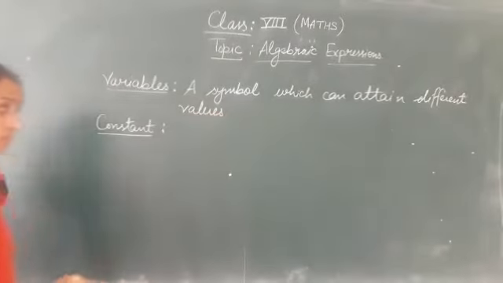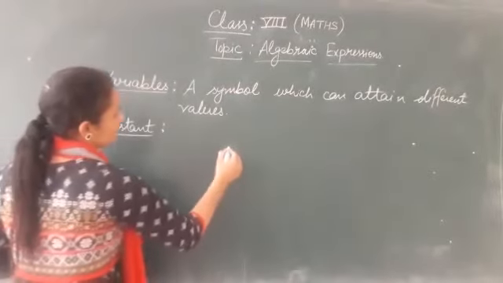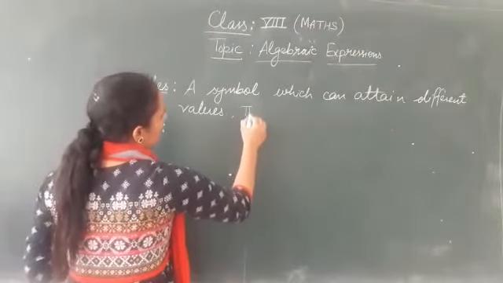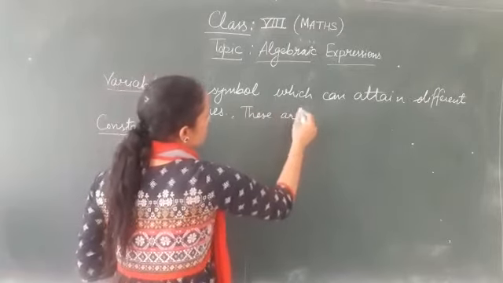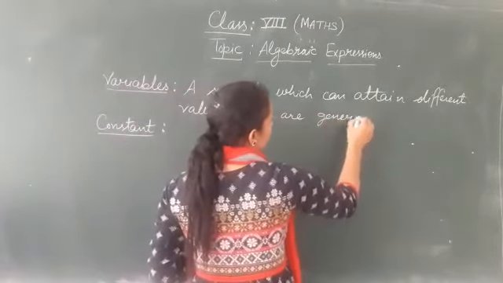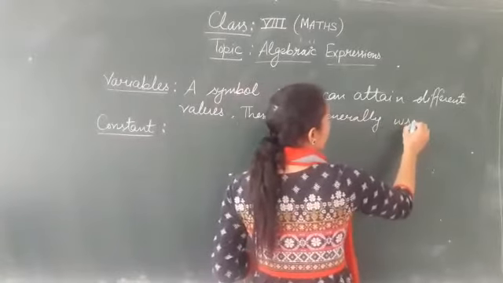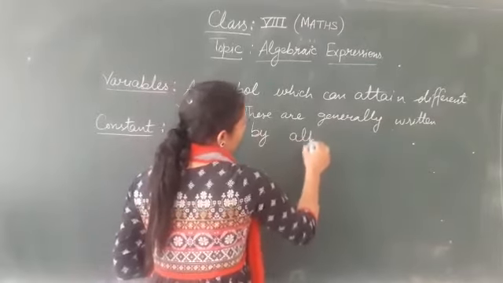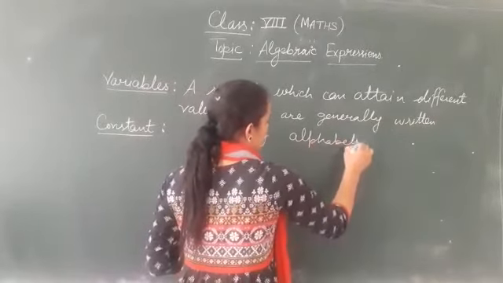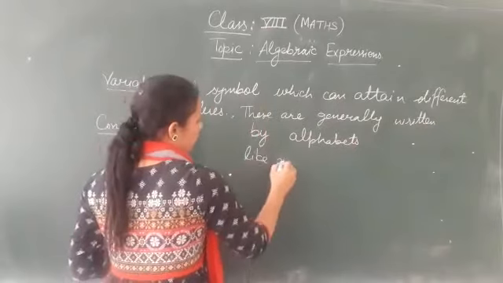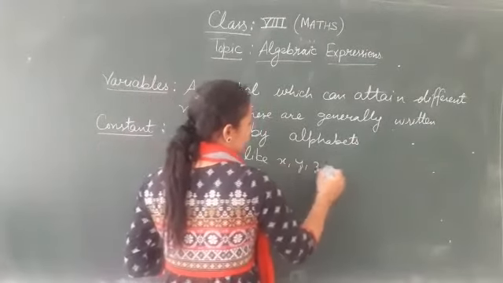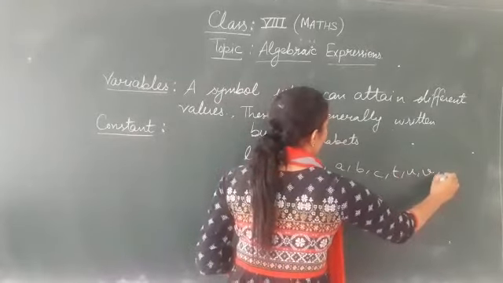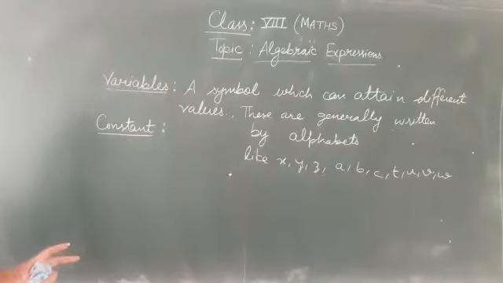Variables are generally denoted by alphabets like X, Y, Z, A, B, C, T, U, V, W. These are all a set of variables.